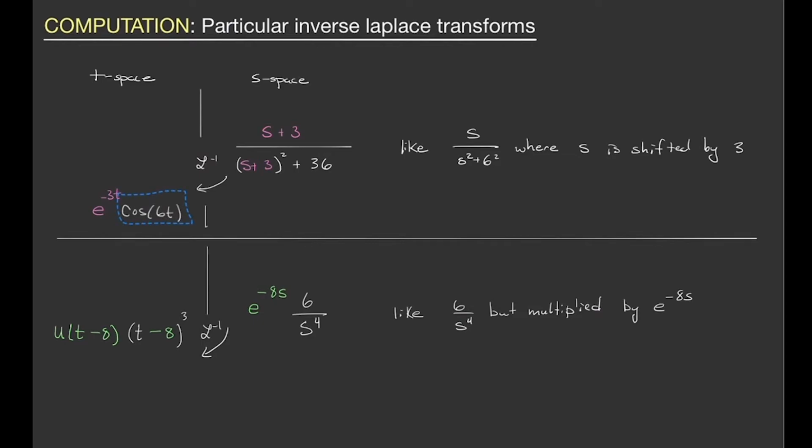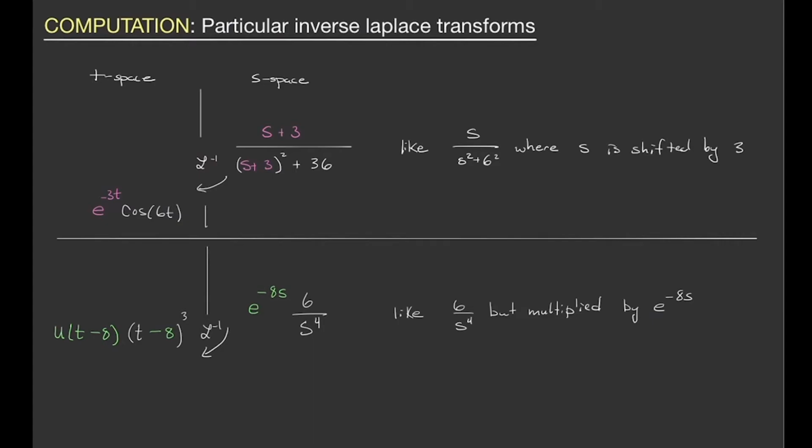On the other hand, if instead of having the exponential in the t space, we have it in the s space, times some Laplace transform, for instance, this is just like 6 over s to the fourth, but it's multiplied by this e to the negative 8s.